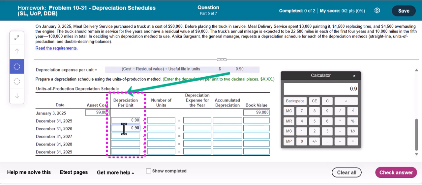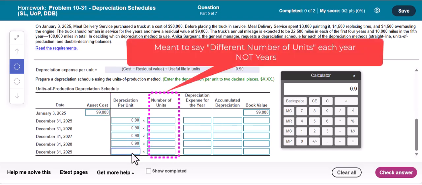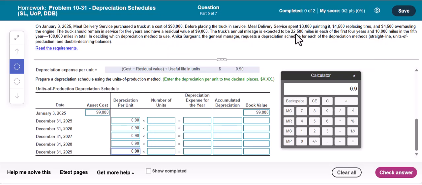But then take note that the depreciation in miles is different for the years, and that's given to us above. So number of units in that first year, 2025, let's have a look. It says the annual mileage is expected to be 22,500 in each of the first 4 years. So that's very important there. Do not miss that because then on that fifth year, it's 10,000 miles.